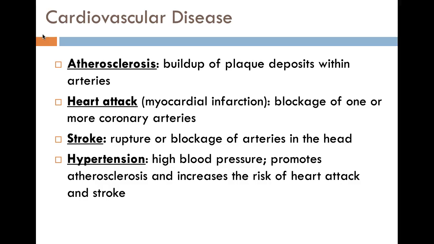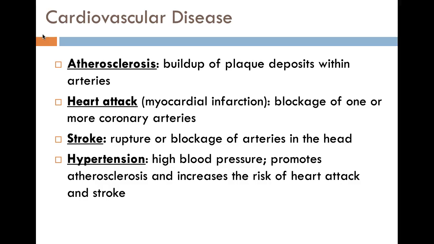A heart attack, also known as a myocardial infarction, is a blockage of one or more coronary arteries. When a blockage takes place, tissue is deprived of oxygen, and when it's deprived for too long, the tissue dies and potentially the heart stops, which is what a heart attack is.